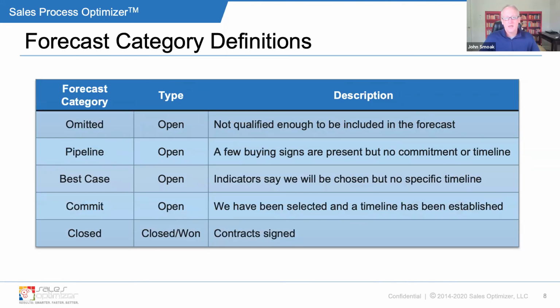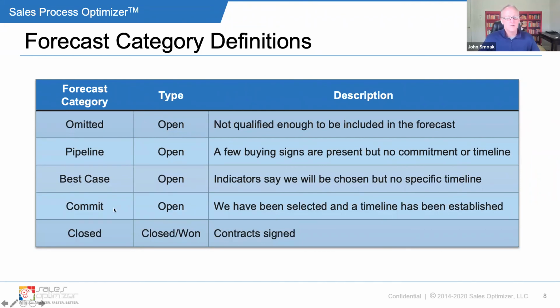Next, we have some forecast categories. As a reminder, forecast categories are used to talk about the timing of the forecast. What I mean by that is, let's say I've got my forecast for May, and I've got a couple of opportunities at 80% probability that I've got in commit as the forecast category.